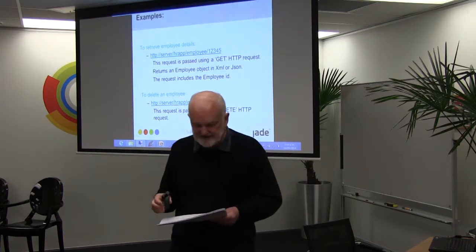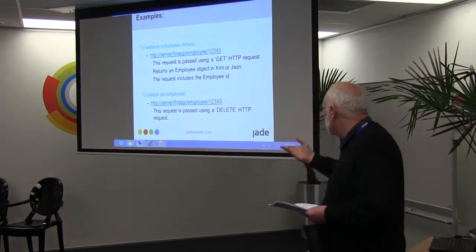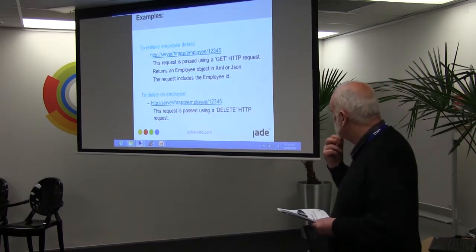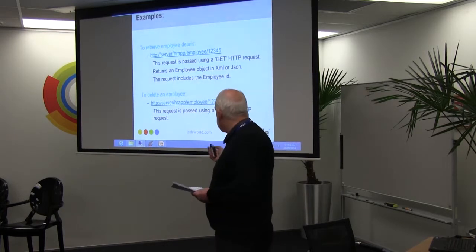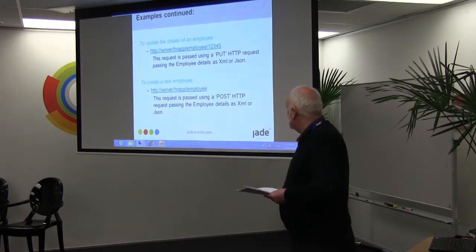If you want to delete that employee, then you send exactly the same URI, except this time you send it with a delete HTTP request. And so you're implying that I want that employee number to be removed. And so on.